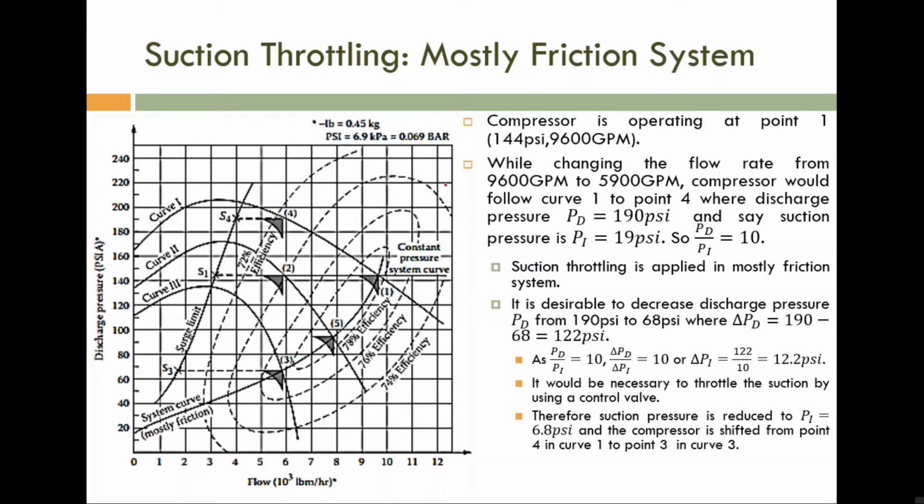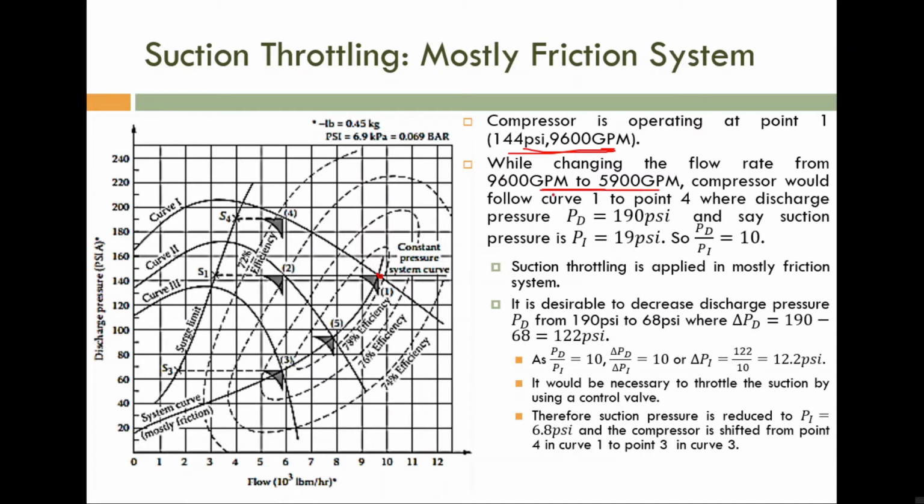Okay, so for explaining purposes, again consider this one as the current operating point. Currently the system is operating with 144 psi and 9600 gallons per hour. This is operating point 1. Now, due to some reason, the flow rate is decreased to 5900 gallons per minute.